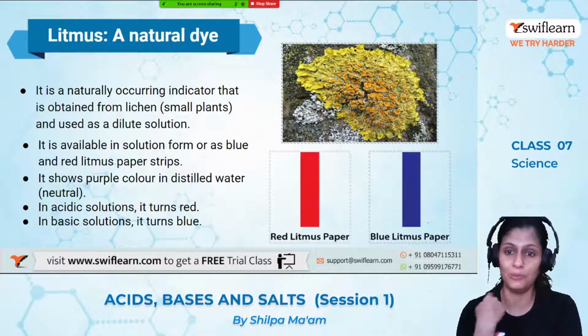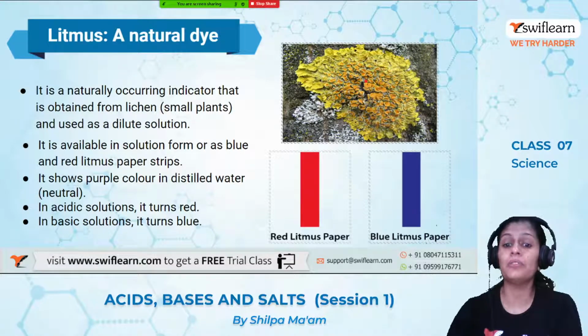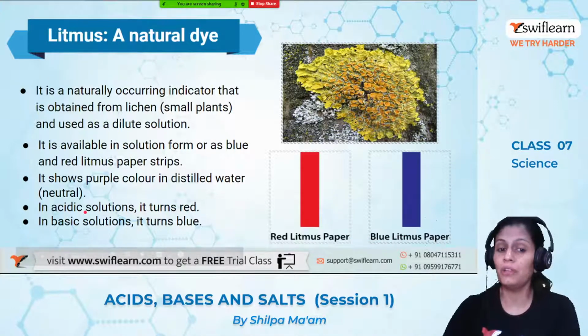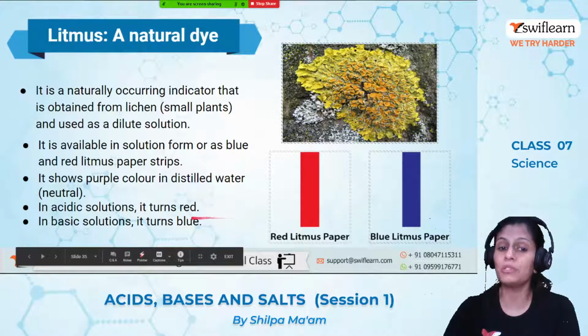Or else we can take a red litmus paper or a blue litmus paper that is available in the market. In acidic solution, the blue litmus paper is going to change into red, and in basic solution the red litmus paper is going to change into blue.